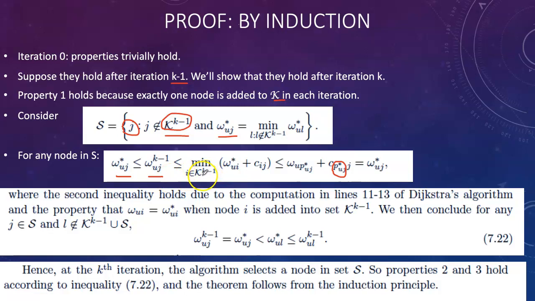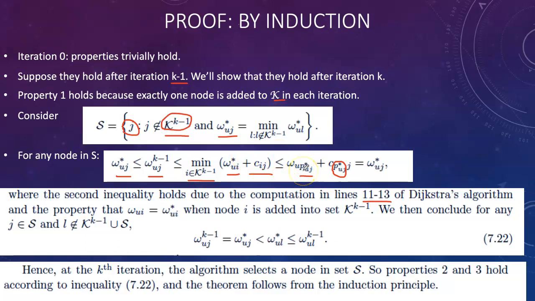But when we do this reset operation in lines 11 to 13 of Dijkstra's algorithm, we find the node in kappa k minus 1 that minimizes W_i star plus c_ij, and we set that i as the previous hop neighbor of j.